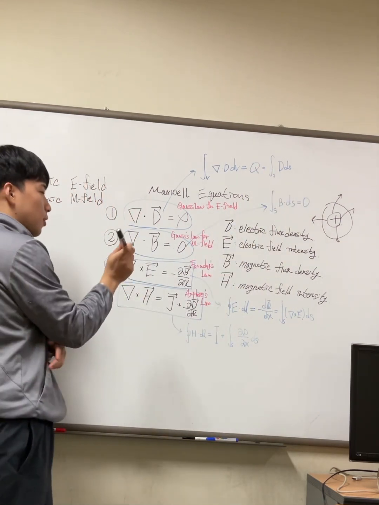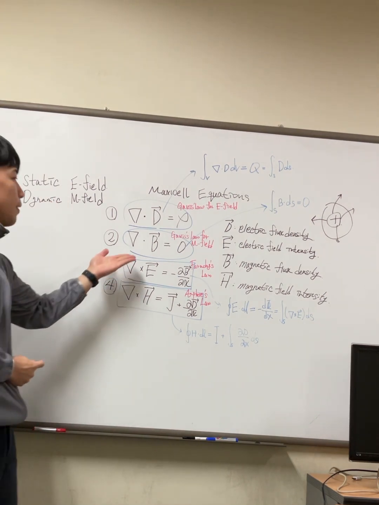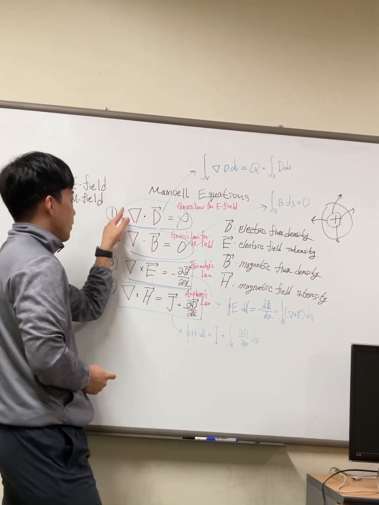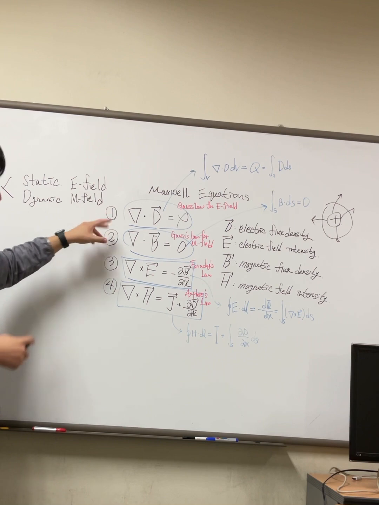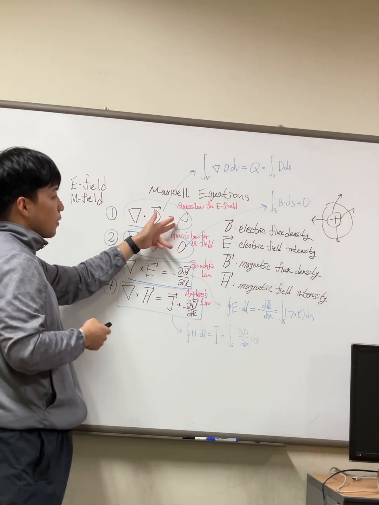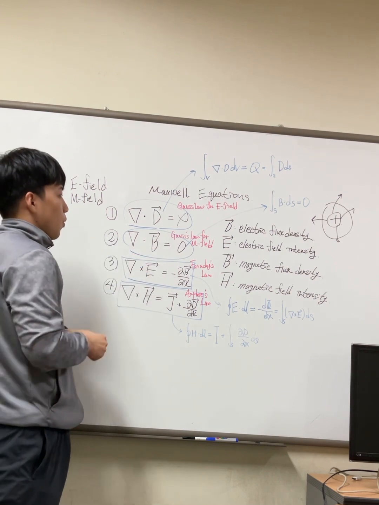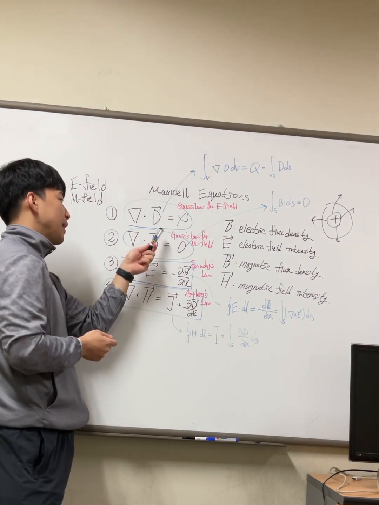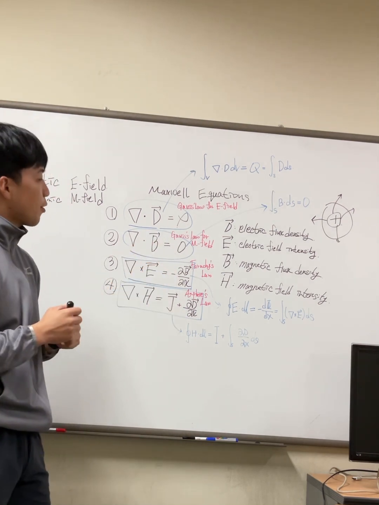Then let me talk about equation number 2. Magnetic flux density. But equation 1 and equation 2 have a difference. The output here is rho and here it is 0. Why do people think the divergence of vector B has an output of 0?